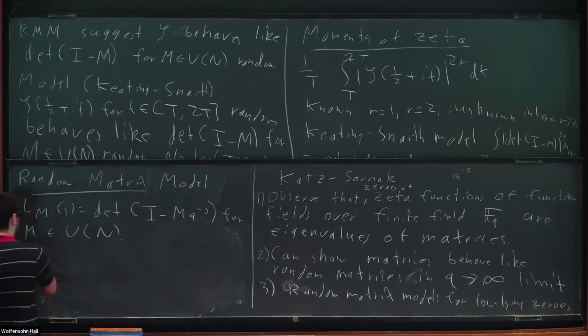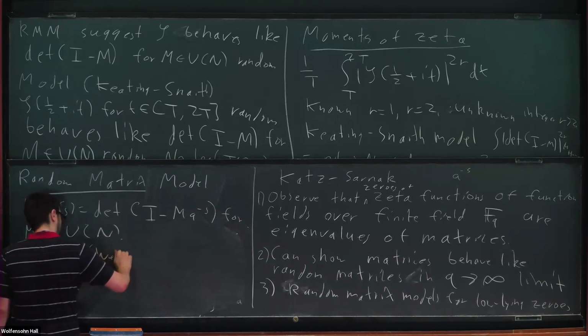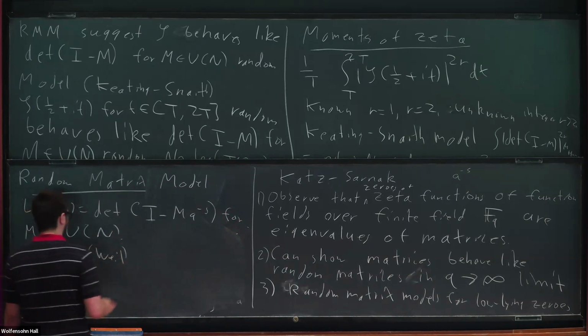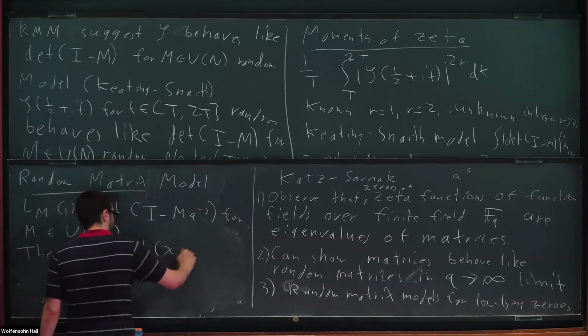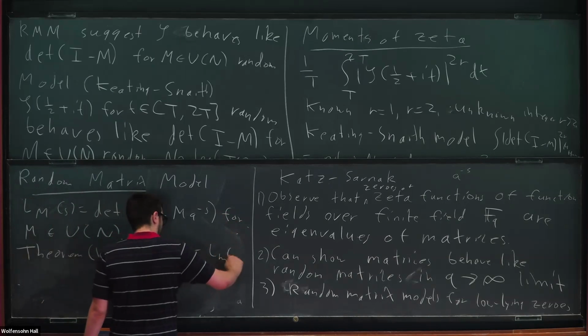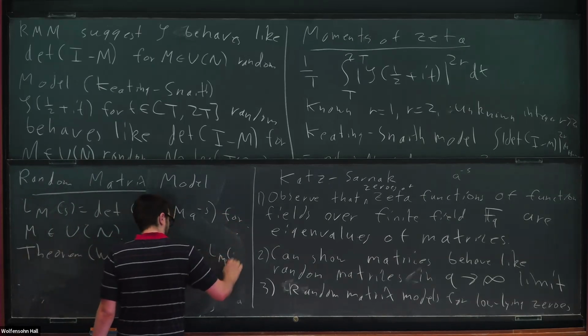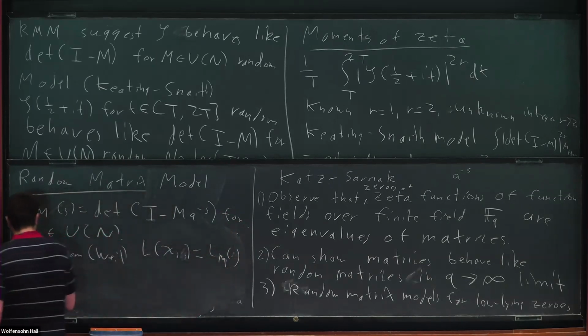So this comes with a theorem, which in this case is due to Weil, which is that L chi of s, well, L chi as a function of s is equal to L_m for some m.